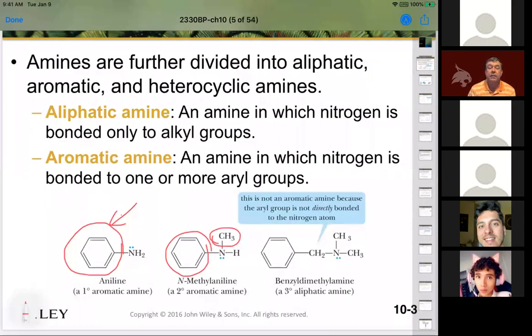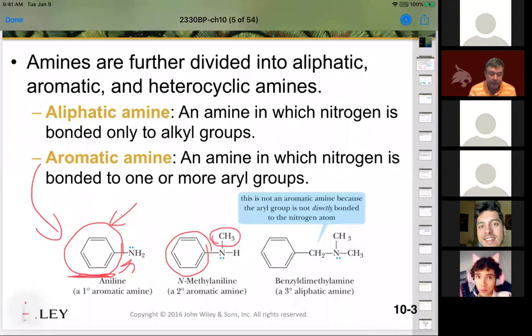So if we were to classify these 3 compounds right here as aliphatic or aromatic or both, we would have to look at what's directly attached to the nitrogen. In this case here, we have a benzene attached to the nitrogen, which makes this an aromatic amine. Okay, so things that have benzene on them have really interesting smells, and so they're called aromatic.